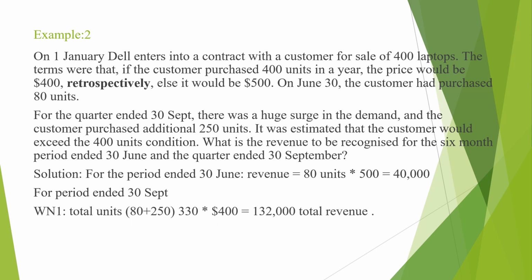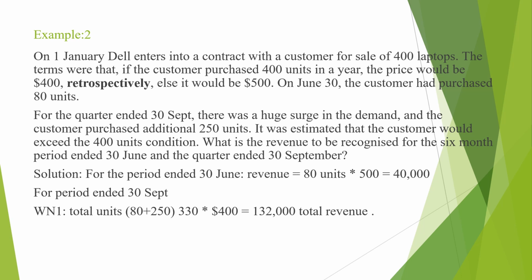The second period, for the period ended 30th September, right? They have asked us for the quarter of 30th September. Now, by 30th September, the total units sold were 80 plus 250, because in the third quarter they have sold 250. So the total sales became 330. Now they have clearly indicated that the customer will be able to exceed the 400 condition, right?